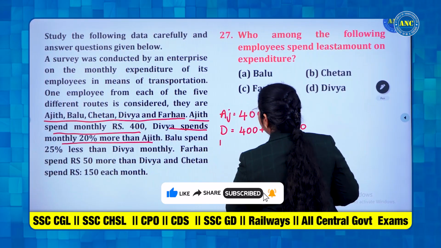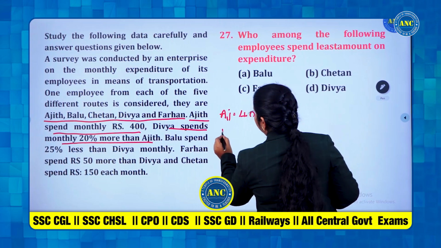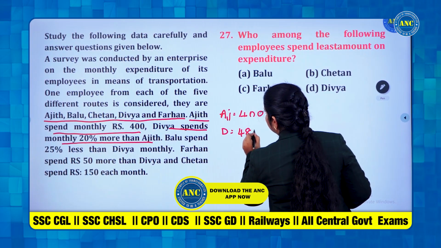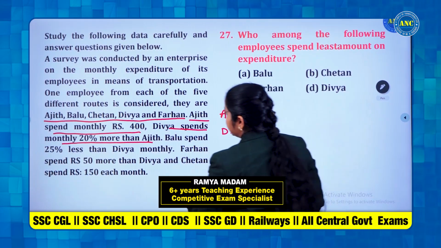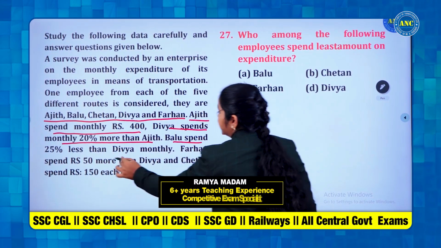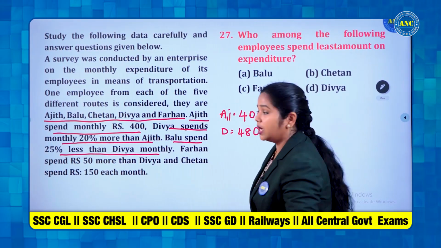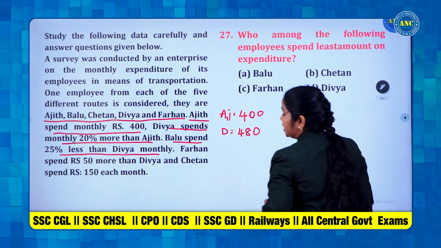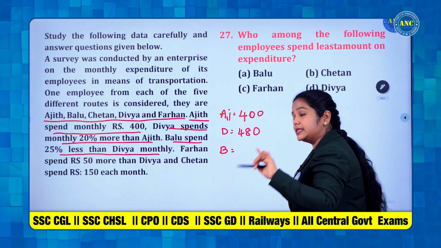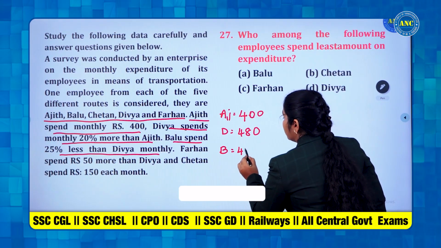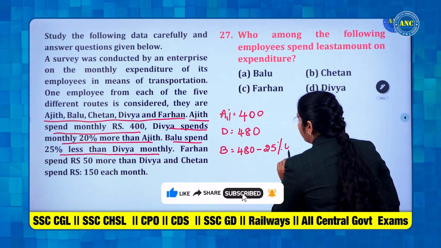So what is the value of Divya? It will be 480. Next, Balu spends 25% less than Divya. If Divya's value is 480, Balu's value will be 480 minus 25% of 480.